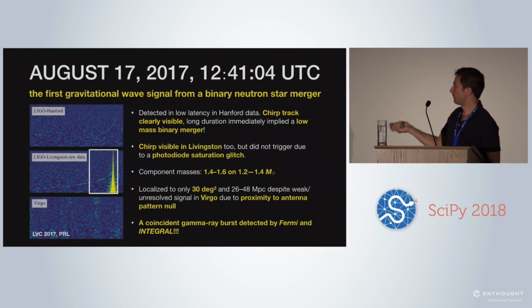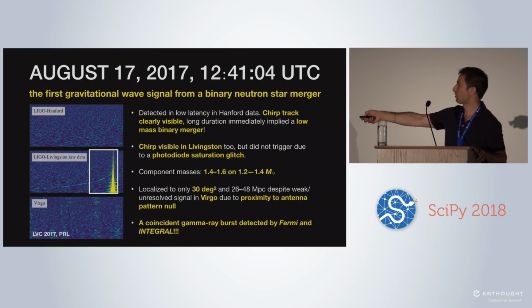So this was the first binary neutron star merger ever detected. We initially detected it in LIGO Hanford, and we could see this chirp track very clearly. The chirp was also visible in Livingston, but there was also a huge glitch in the data. Our detectors are extremely glitchy because of environmental noise sources and also instrument issues in various subsystems.